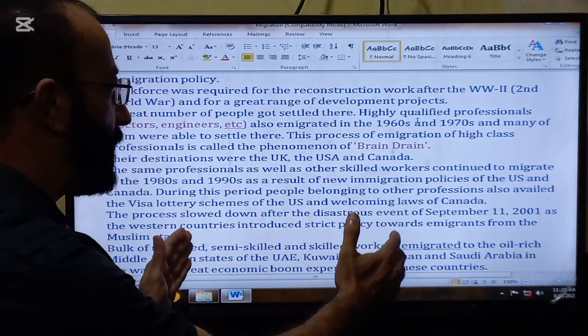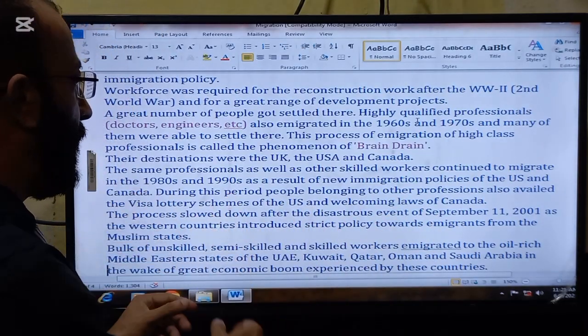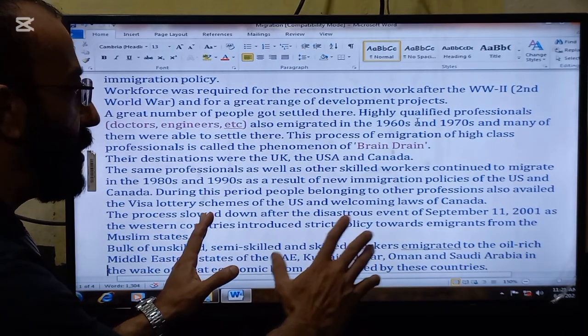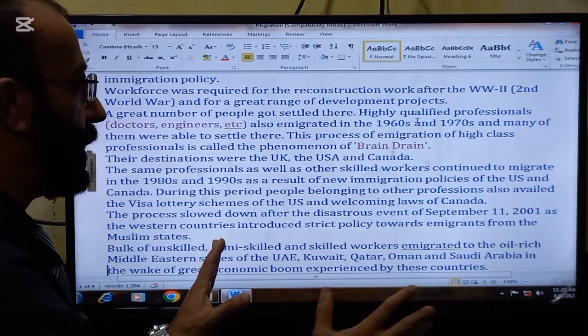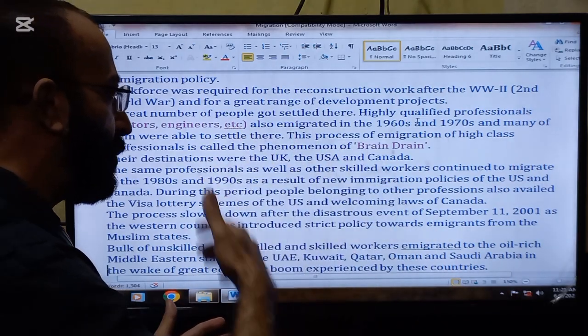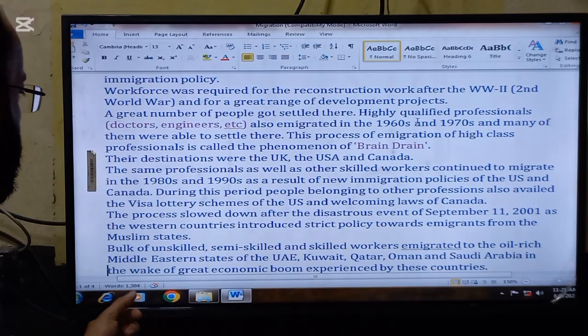So these were the reasons: in the 1980s and 1990s a visa lottery scheme was introduced, and the policies of the USA were very lenient to welcome people from the world. So people were going to those countries.